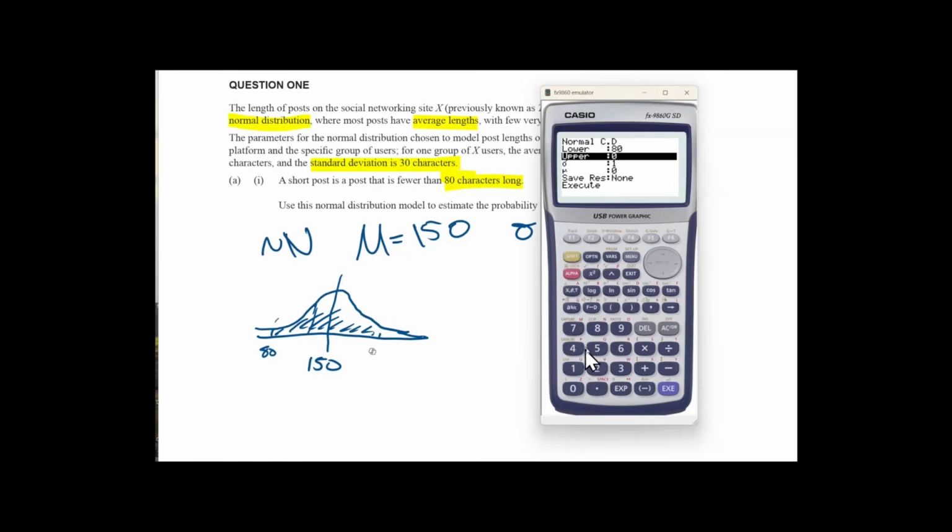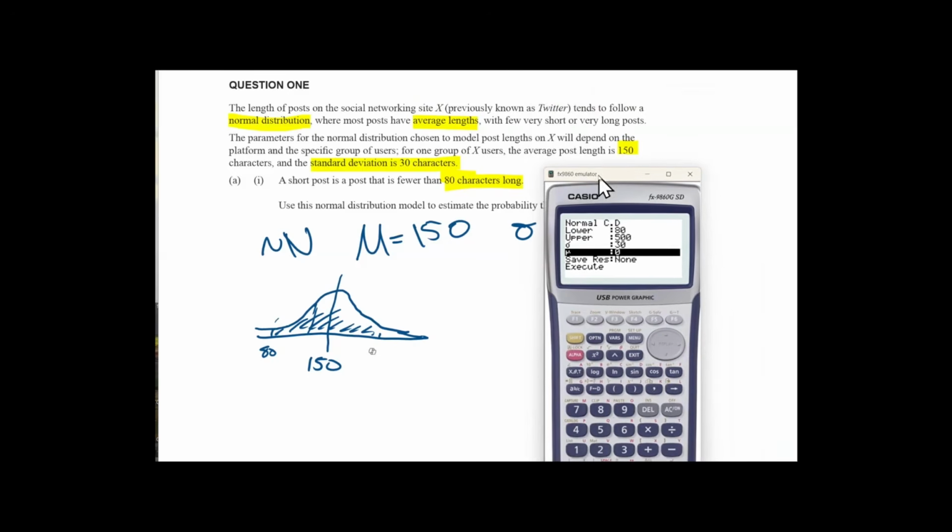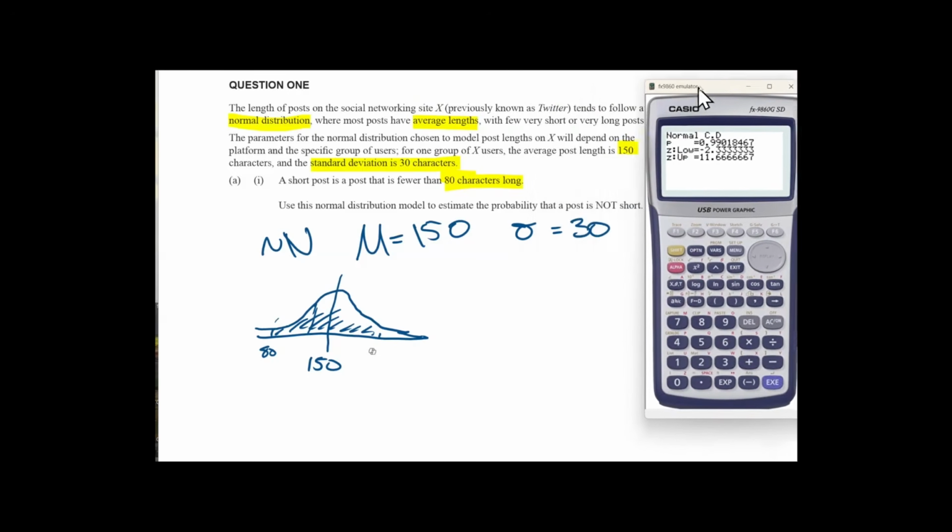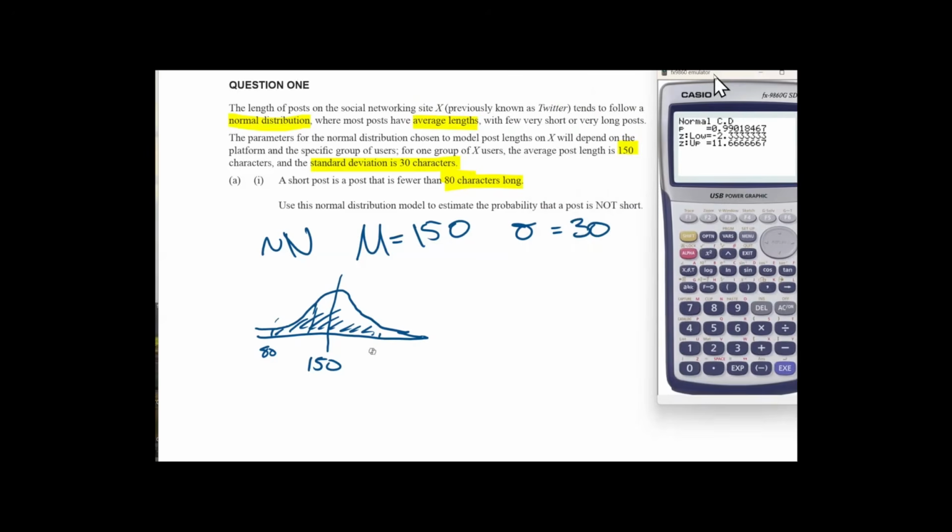The upper limit, let's set it as something crazy, 500. The standard deviation, they tell us, is 30. And the average was 150. And we're going to get that. So the probability that it's in that group is really, really huge, like over 99%.